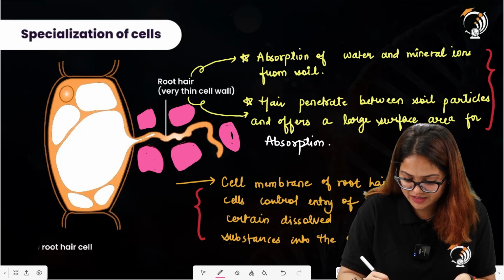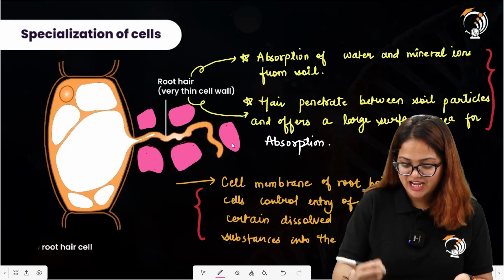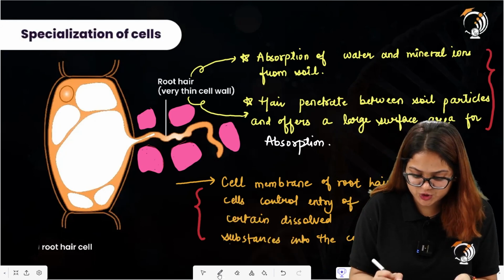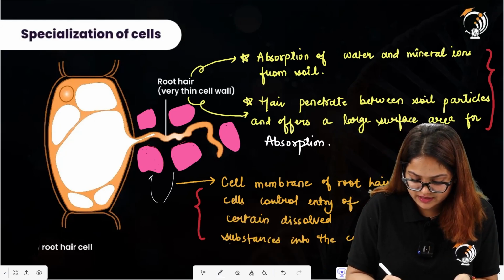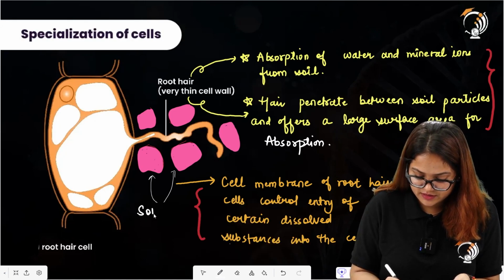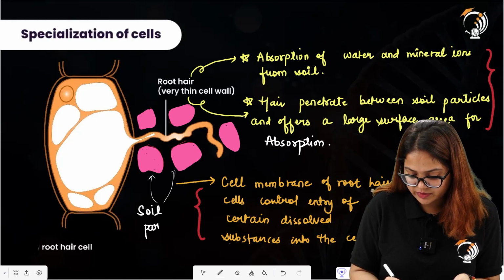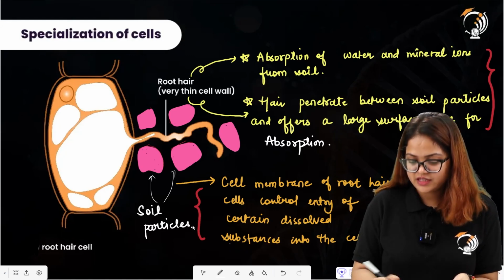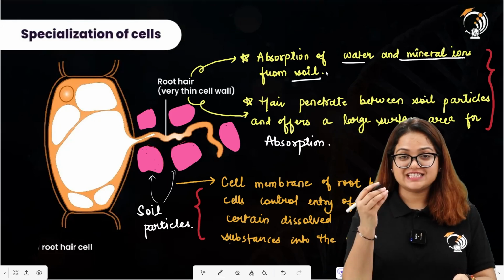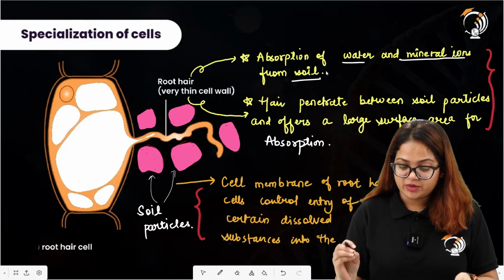We have identified the pink soil. Apart from this, these are the soil particles around it. So absorption of water and mineral ions will occur through these root hair cells from the soil.